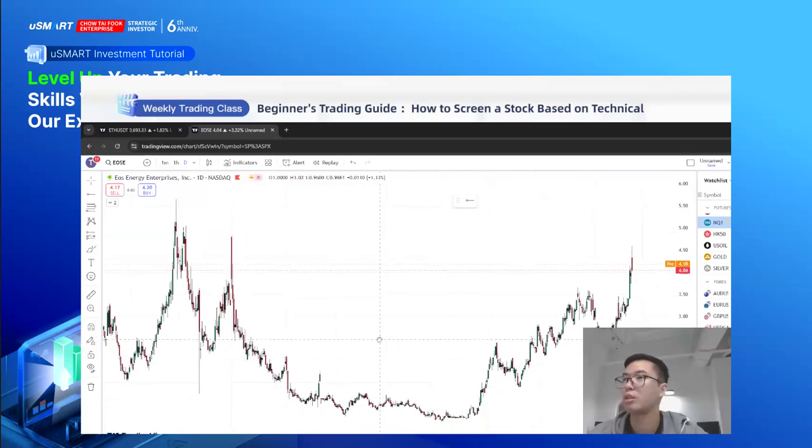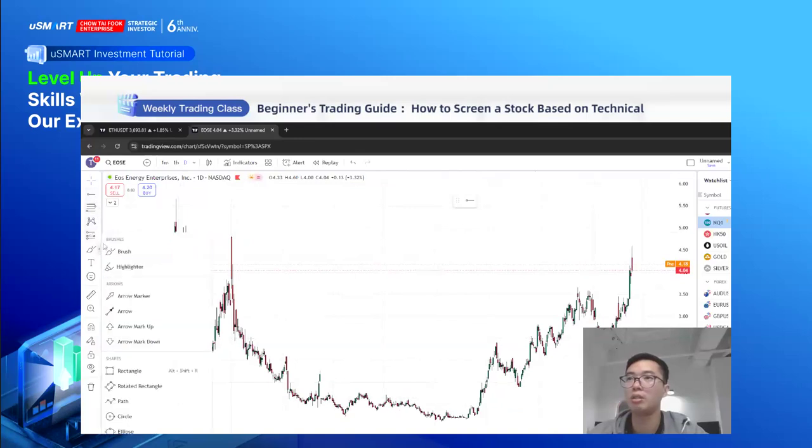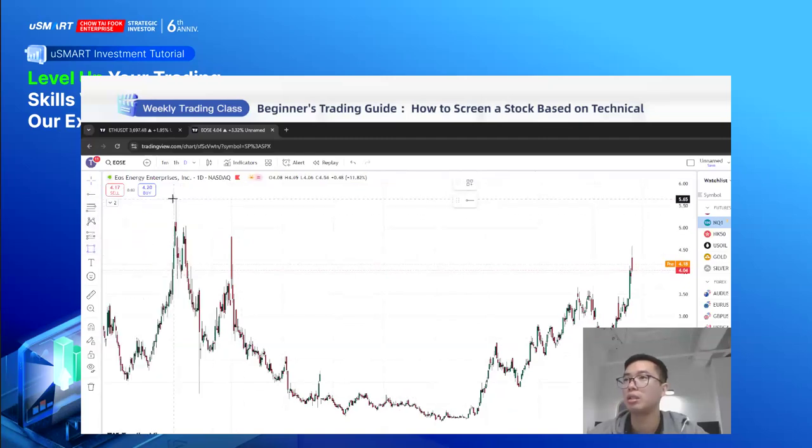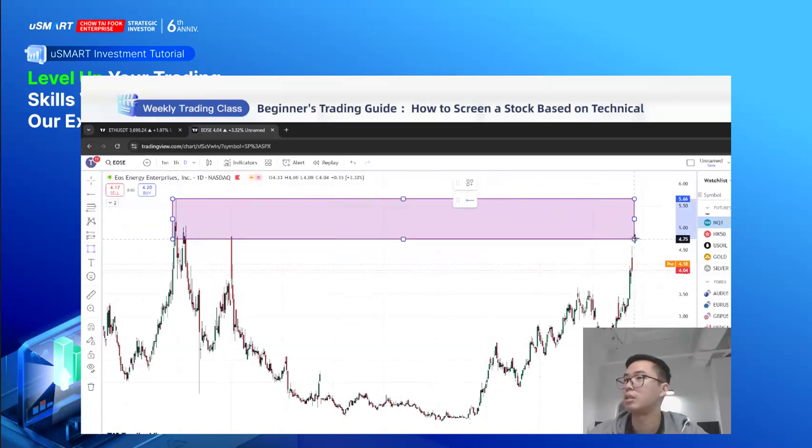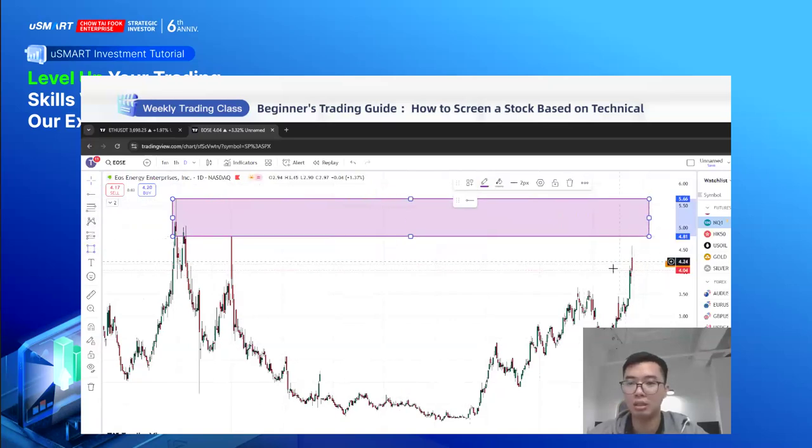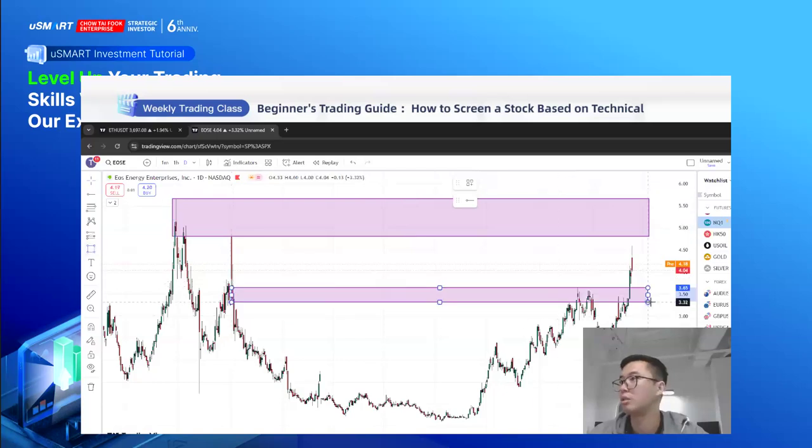We can just try to plot it. This is a resistance. This is the resistance area, and this is also a resistance area. So here we can wait for it to retrace maybe around here, then we look forward to target an uptrend.